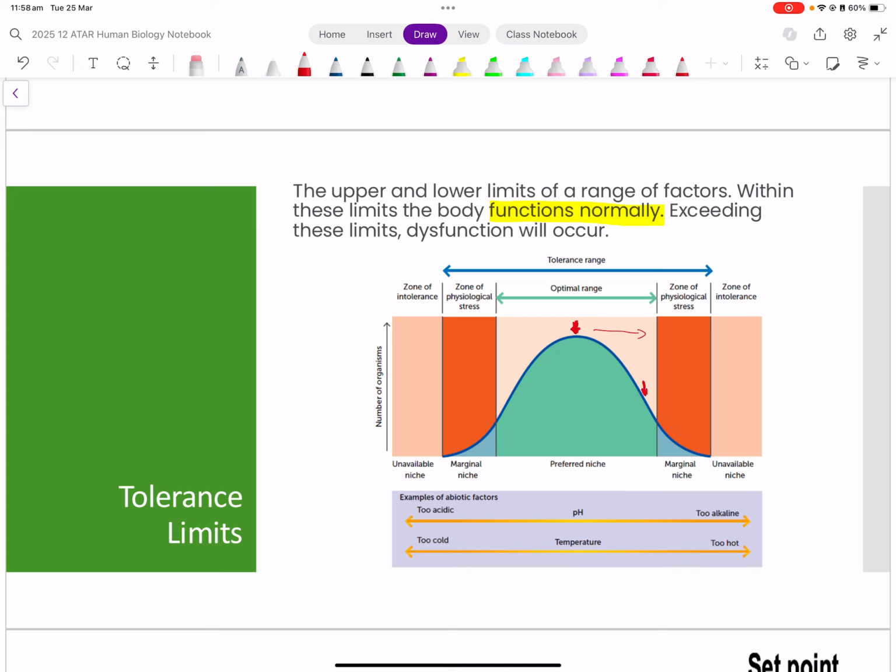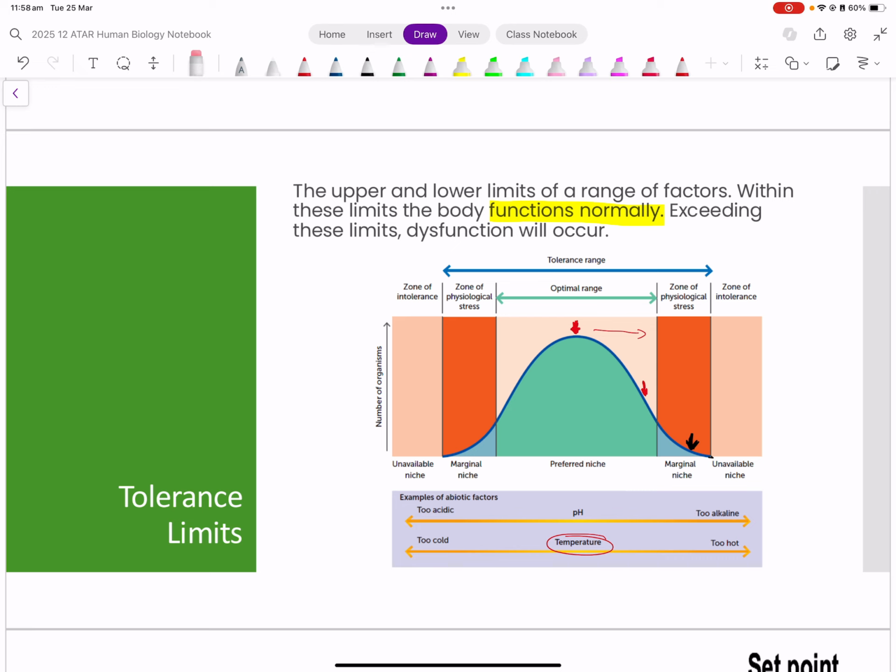If we look all the way down the bottom, one of the examples is temperature. If our temperature increases, our ability to do all of our cellular functions also decreases. If we get really hot, it puts us into a zone of stress, and our body doesn't like being stressed. If we exist in this zone for too long, it can lead to death.